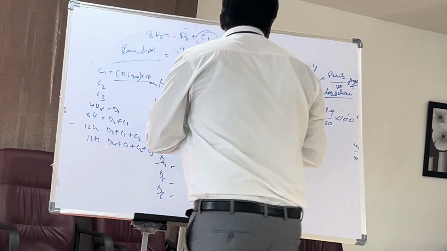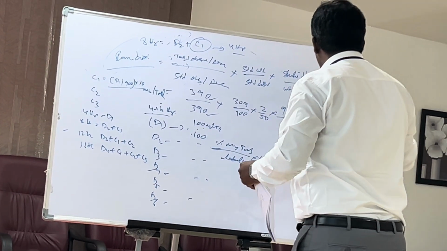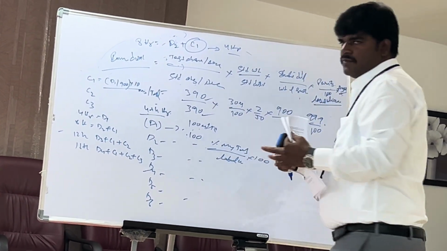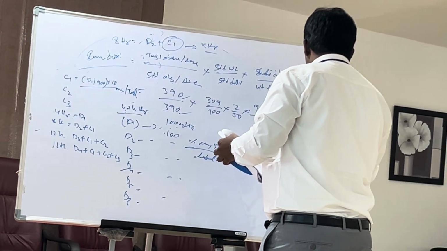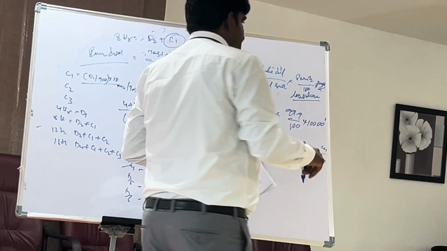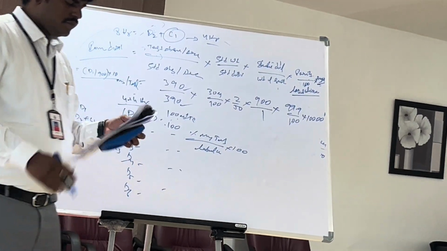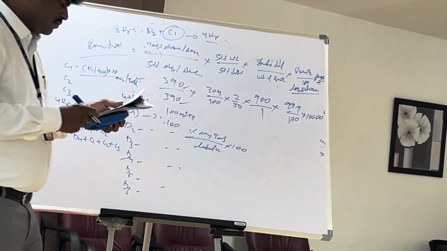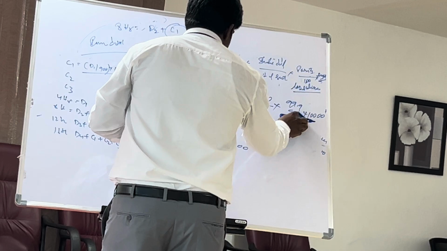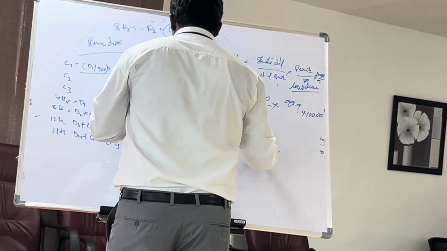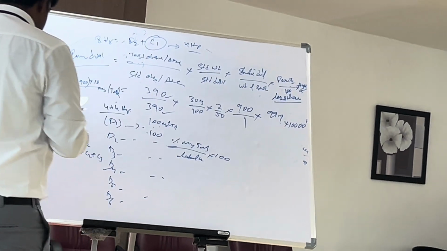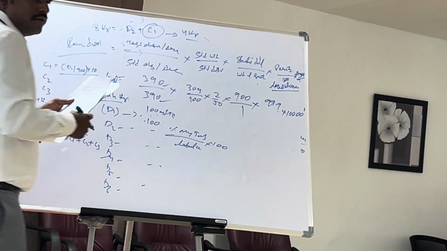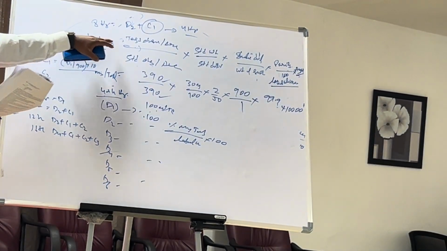Here we are getting the values in ppm, so directly they multiply by 10,000. Okay, understand?